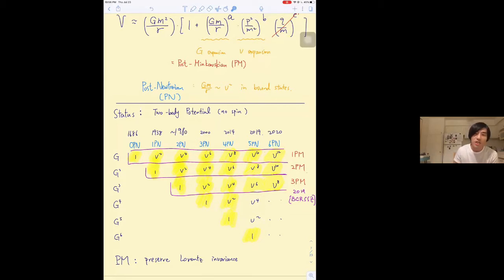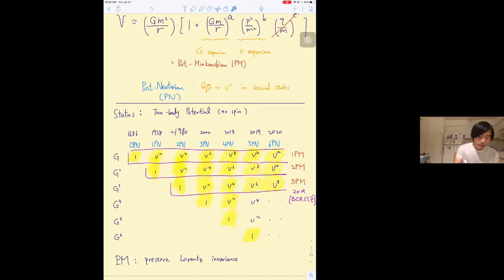The first GR correction could come in two different places: either we have G times v squared, or G squared. This is the famous 1PN, the first GR correction, by Einstein, Infeld, and Hoffmann in the 40s. And you can push this to higher order, like the so-called 2PN, 3PN, 4PN, etc. Each vertical column corresponds to a given post-Newtonian order.